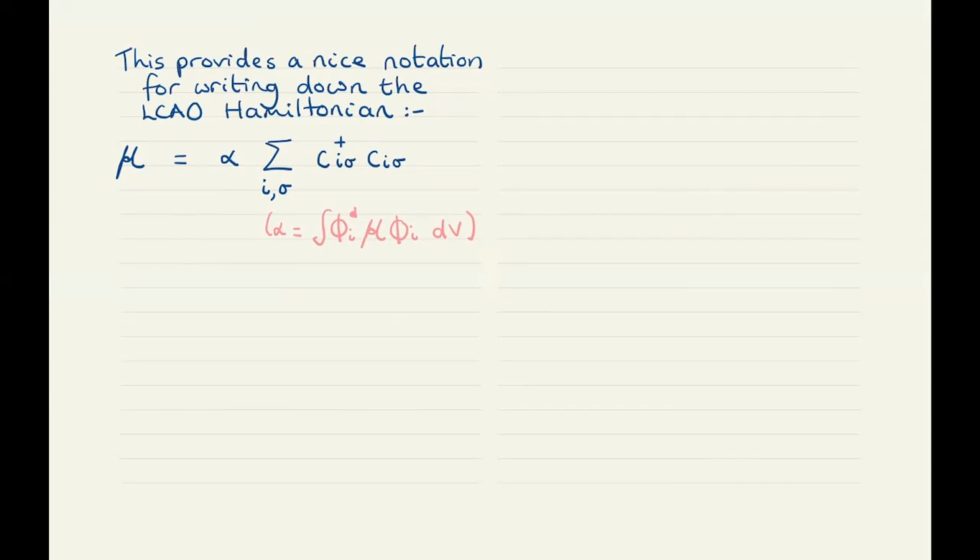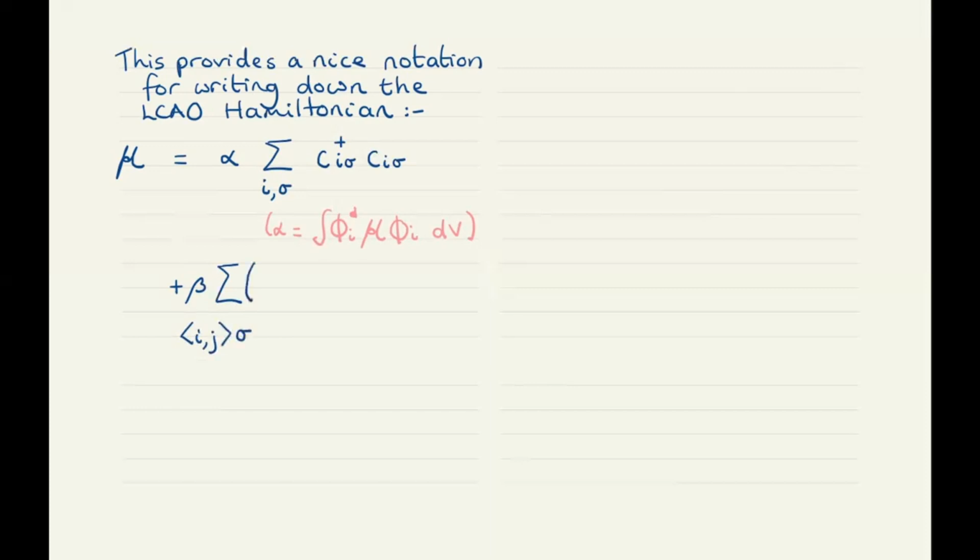And the second contribution to the LCAO Hamiltonian were the terms where the electron transferred from one site to the nearest neighbor site. In our new notation, we write that as plus beta, the sum over all pairs of nearest neighbors, and again over all spins.